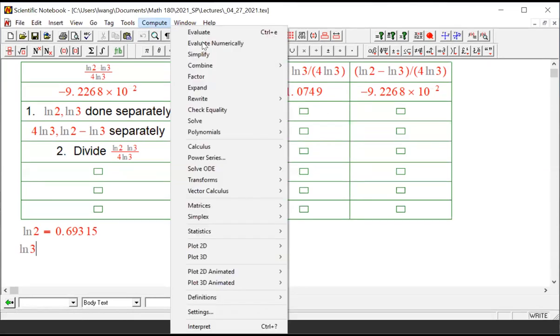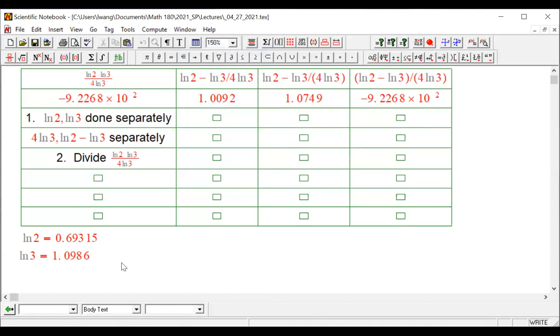And then you see the order of operation. We're going to take ln2 minus ln3, right? And that is to take this number, subtracting this number.